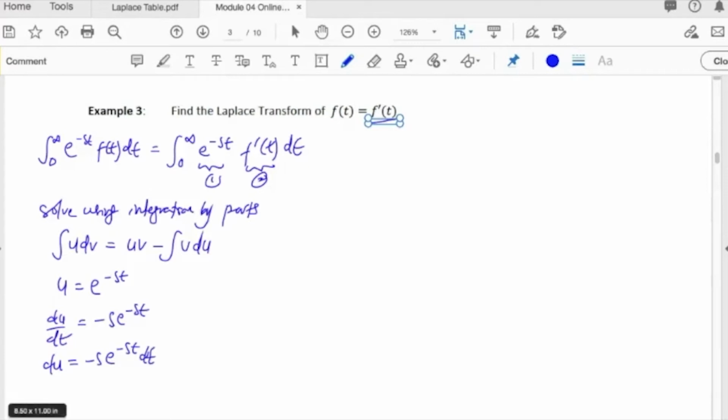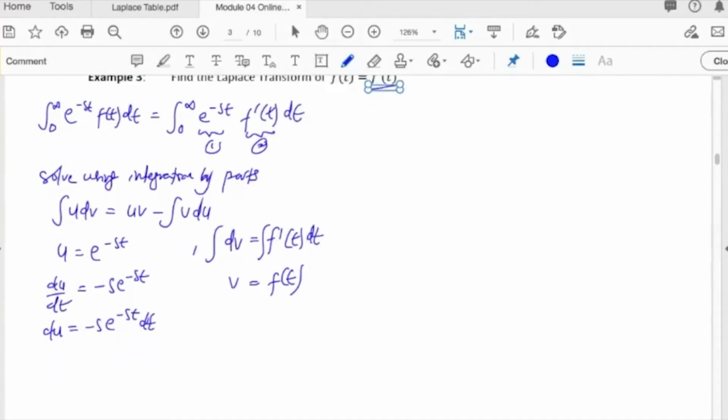Okay, that is our du. And we take dv equal to f prime t dt. If we want to get v from dv, we integrate both sides. The right hand side, from f prime t, becomes f(t).